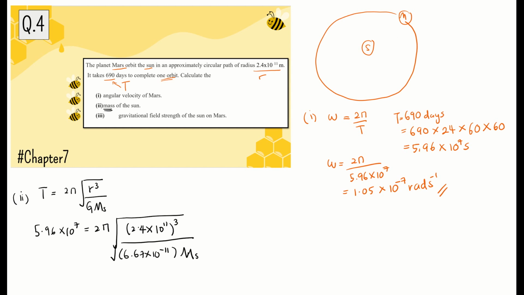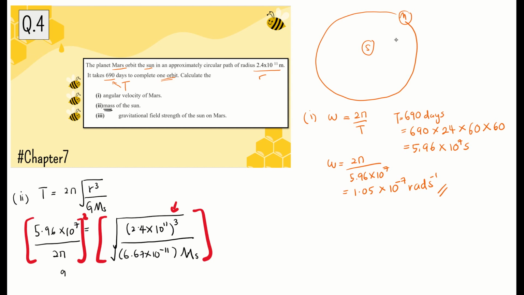We try to bring 2 pi to the other side, and we can square both sides because we want to get rid of this square root. By having this, finally you can find the mass of the Sun.